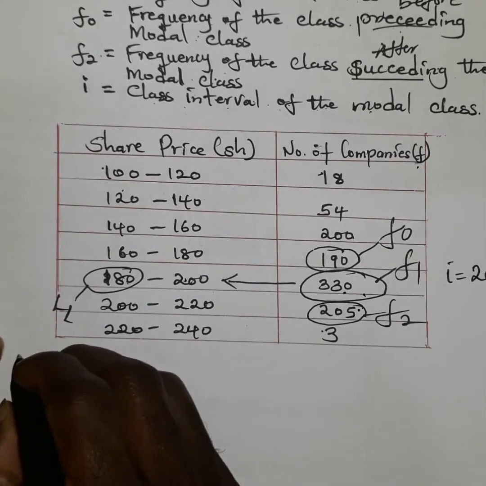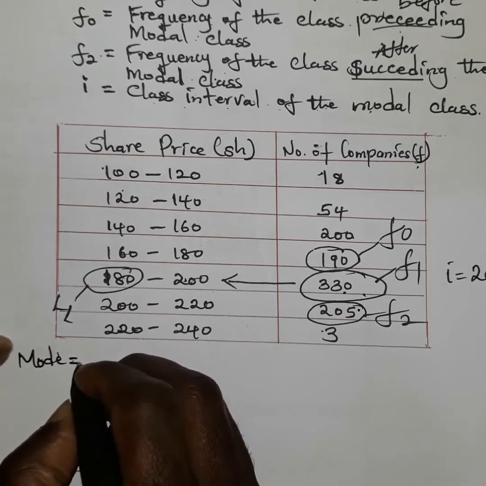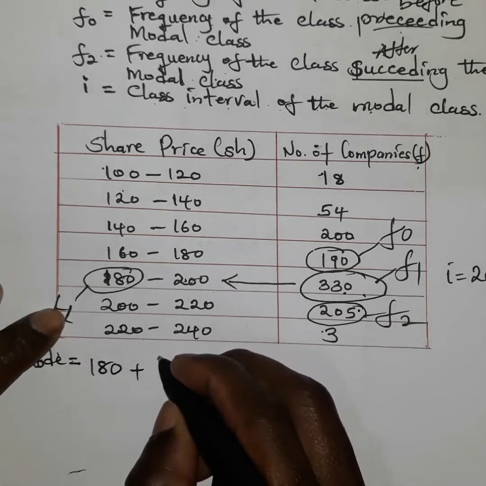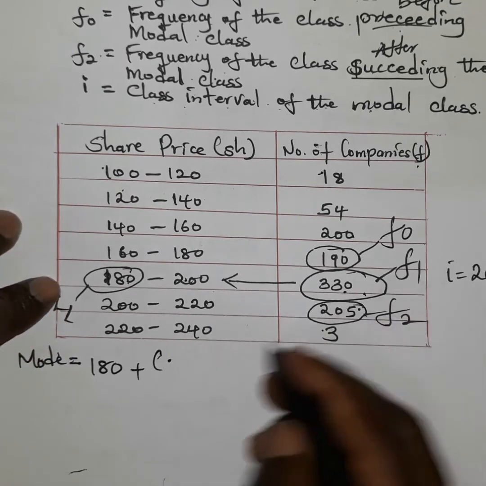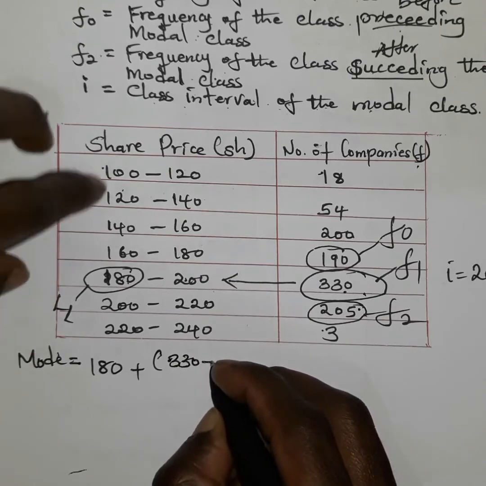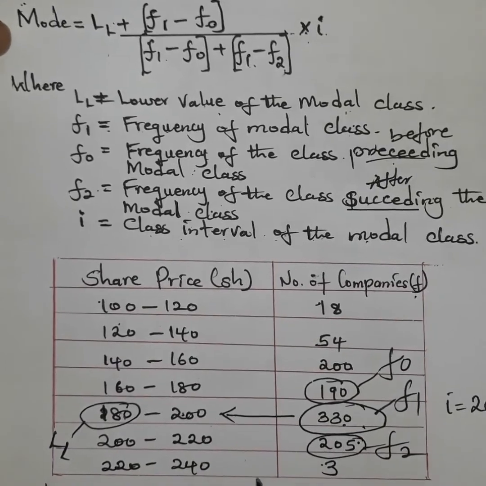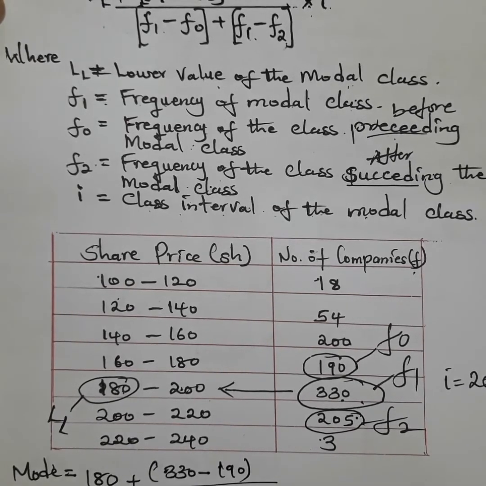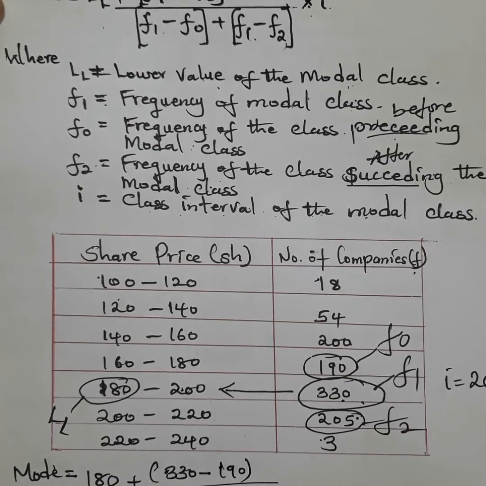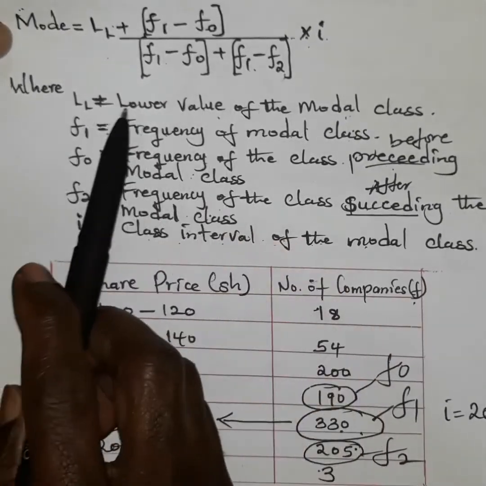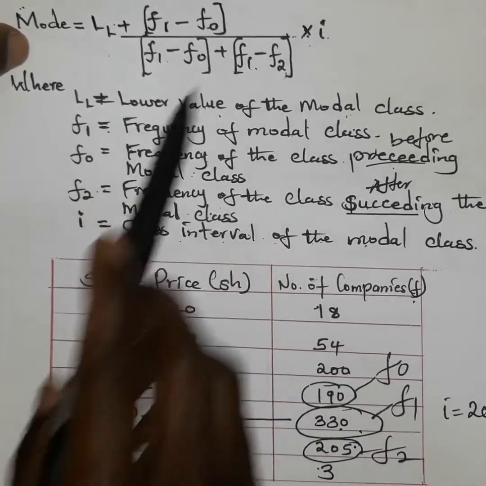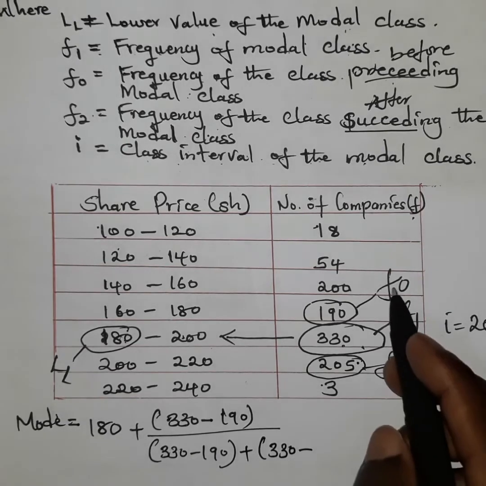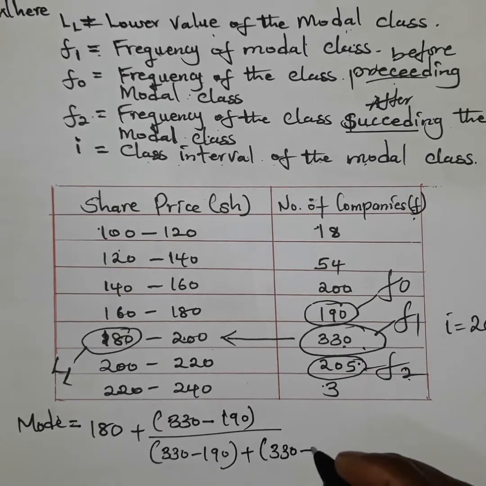Having this, we can now get our mode. Our mode is 180, which is the lower class boundary, plus F1, which is 330, minus F0, which is 190, divided by 330 minus 190 again, plus F1, which is 330, minus F2, which is 205.